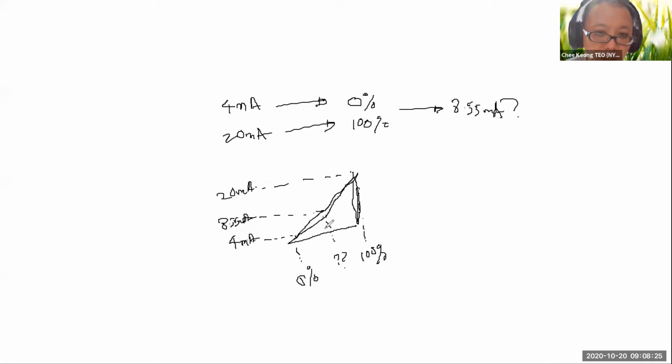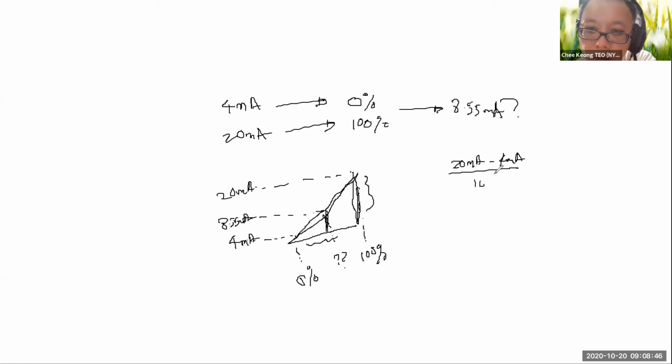There's a triangle. Can we solve a similar triangle? Now the first triangle, if we say opposite over adjacent, what is it? 20 milliamp minus 4 milliamp over 100%.